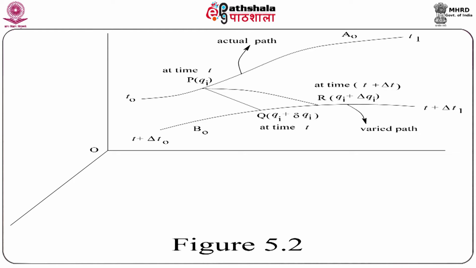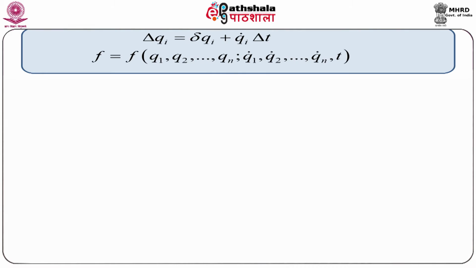Let small f equal a function of generalized coordinates q1, q2 up to qn, generalized velocities q1 dot, q2 dot up to qn dot, and time t. Now we have triangular delta qi equals Kronecker delta qi plus qi dot into triangular delta t.